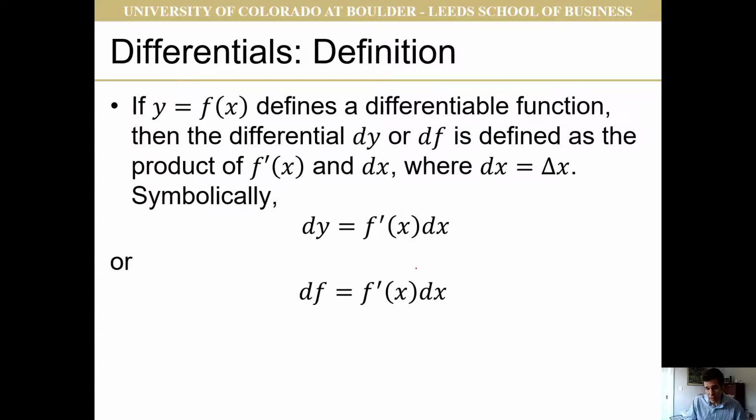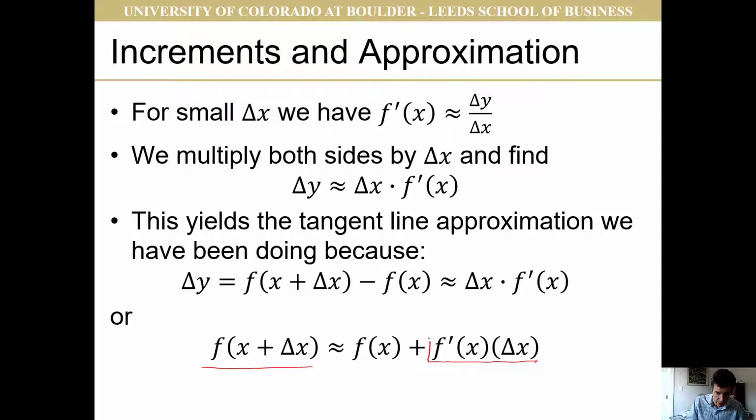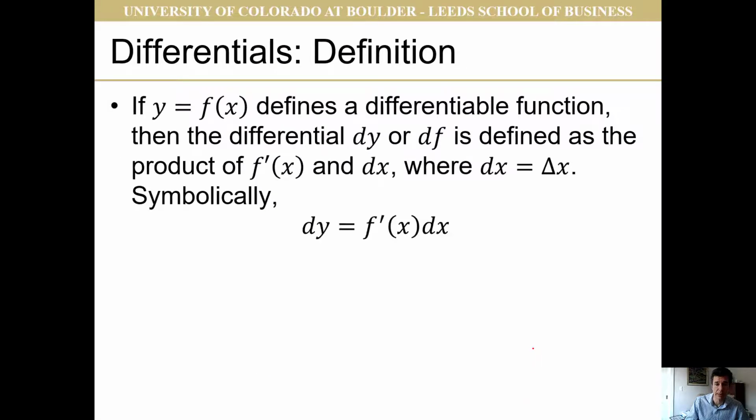So this f prime of x dx is, if we go back a page, this approximation here, right? So approximately, the value of the function when we change x a little bit is equal to the original function, f of x, plus the derivative times that change. So we've just called that the differential.